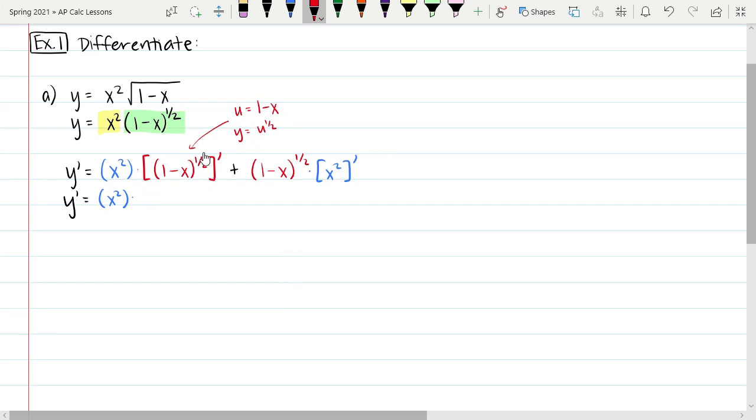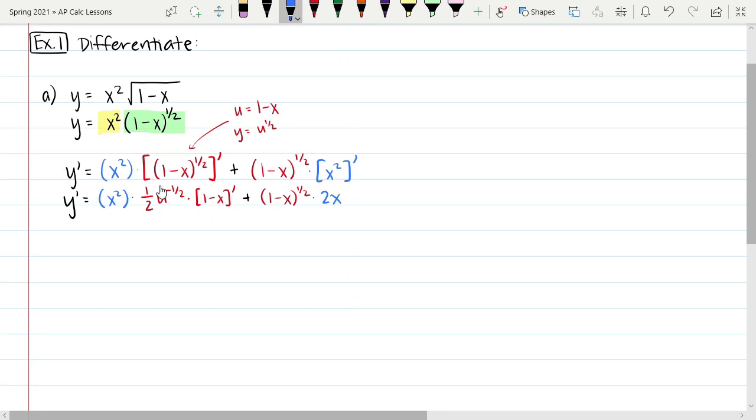So the derivative here is going to be 1/2 u to the negative 1/2 times the derivative of 1 minus x. Plus, and then we've got that (1 minus x) to the 1/2 still. And then we have this nice easy derivative of x squared, which is just 2x.